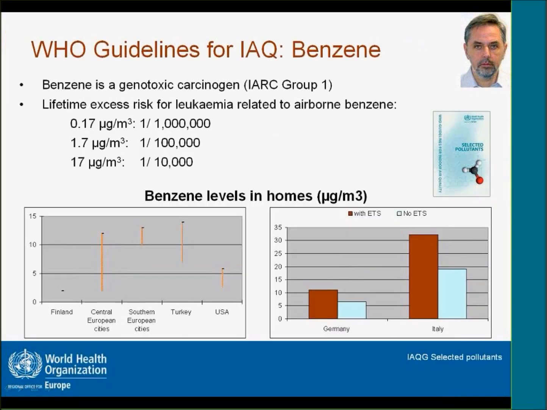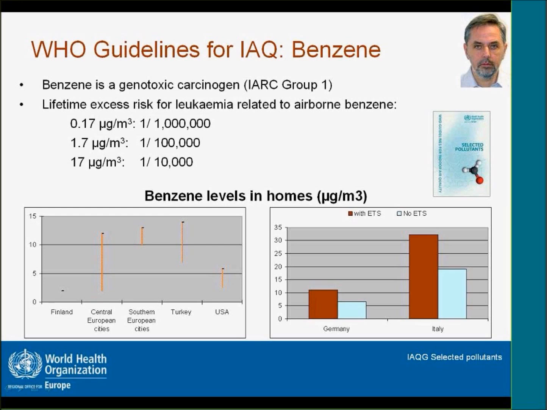For benzene, benzene represents a pollutant for which there is no threshold because it is a genotoxic carcinogen. At each level of exposure, we expect a certain risk to occur, and the guidelines formulate the magnitude of the risk at various exposure levels. So, for instance, at an exposure of 17 micrograms per cubic meter, the long-term exposure is associated with the risk of 1 per 10,000 of leukemia.